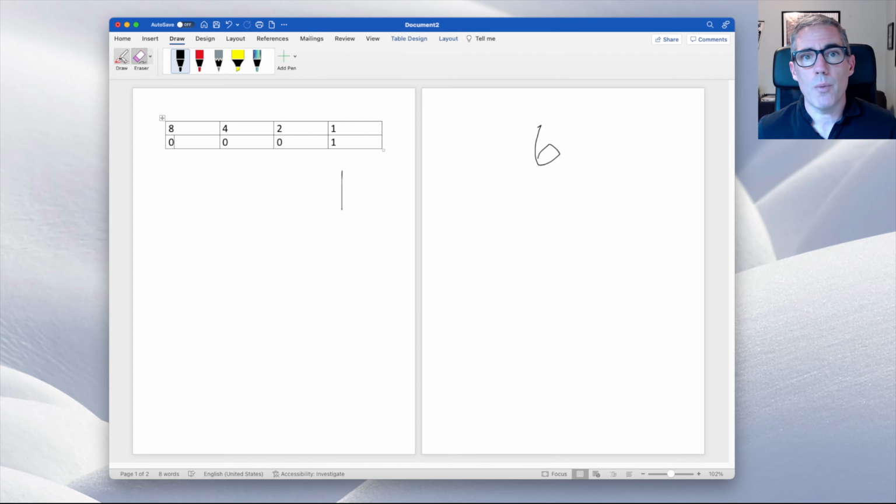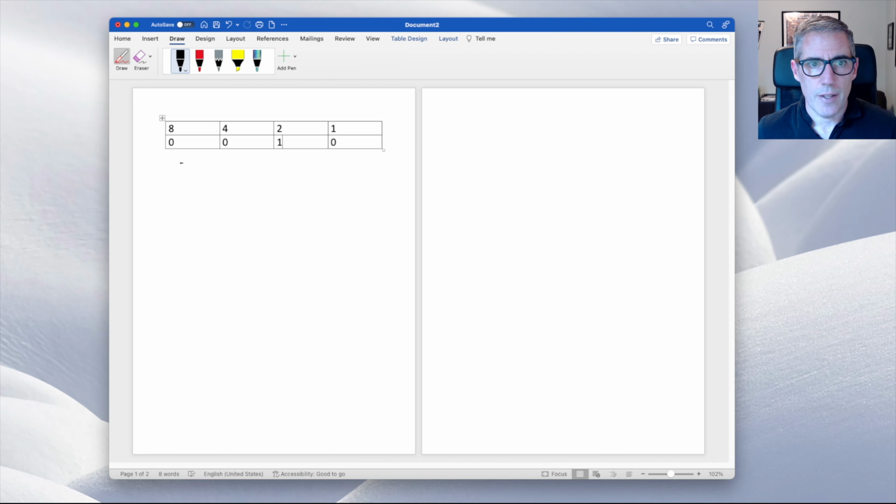So now what we can do is say, what if we wanted to go with different numbers? We can say, let's put a 0 there, and let's put a 1 here. Now what we have is a 2. This is a 2 because we have a 1 in the 2's position and a 0 in all the other positions.